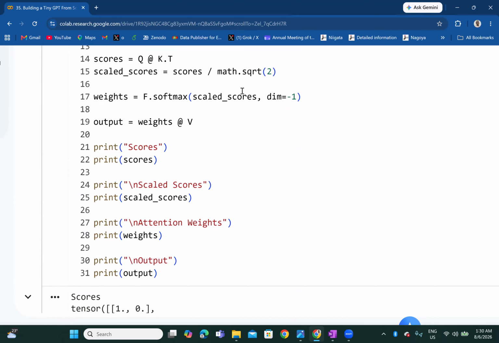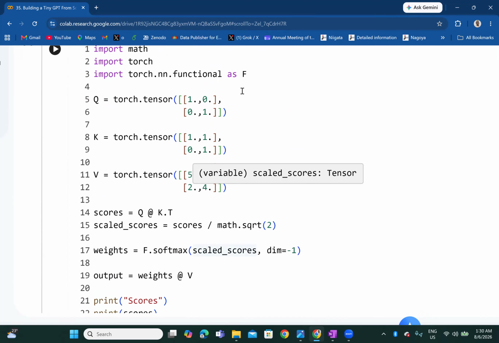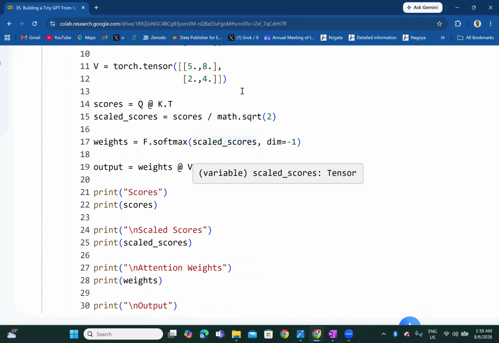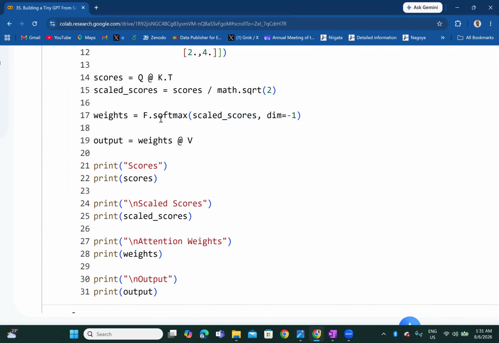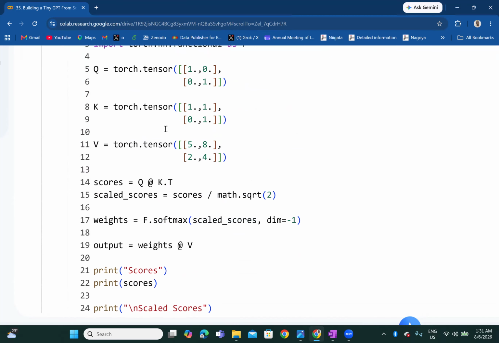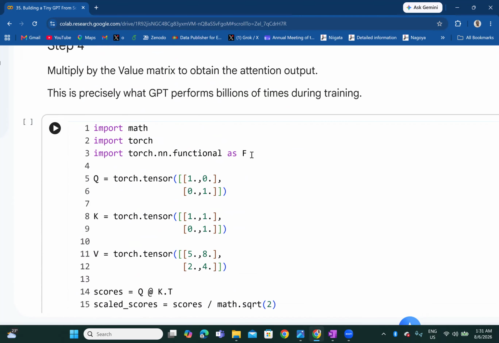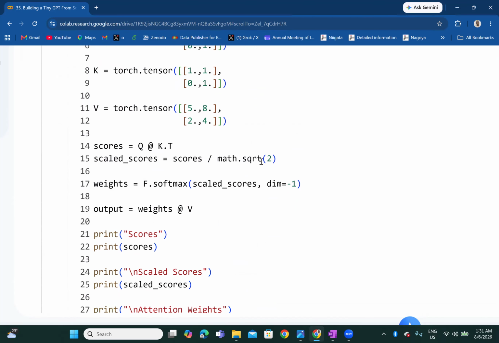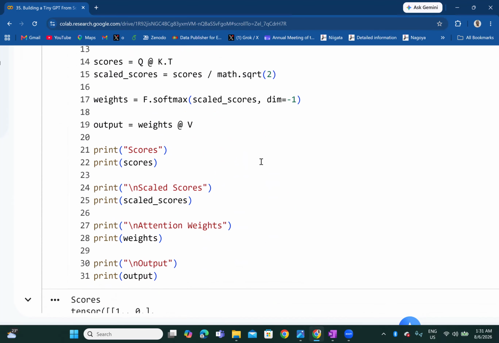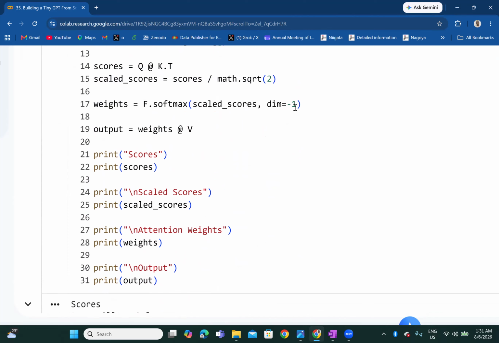You get square root of 2 from math. And then for the weights, you do the softmax, F.softmax, which comes from the functional module we imported as F. You apply it to the scaled scores in dimension -1. So the output is then weights multiplied by V.